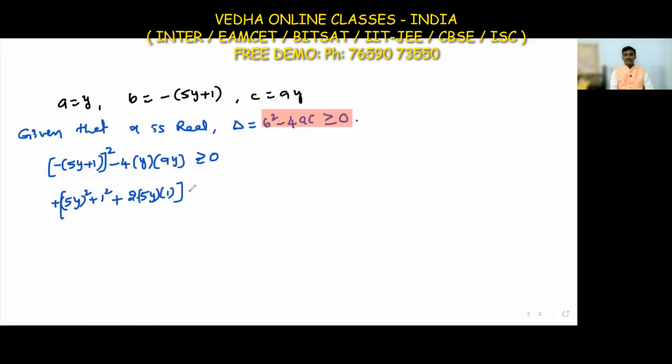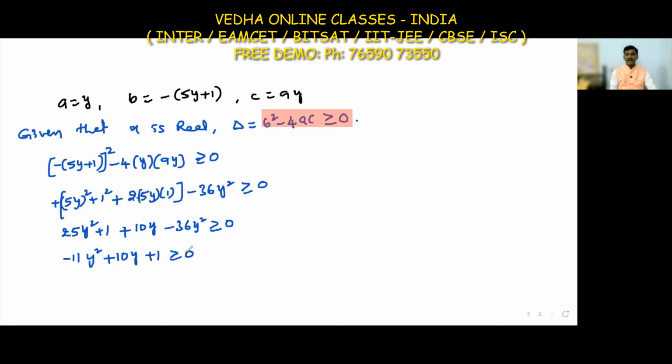Okay, so next minus, 4 9s are 36, y into y is y square, greater than or equals to 0. 5 square is 25 y square. 1 square is 1. And 2 5s are 10y, minus 36 y square is greater than or equal to 0. 25 y square minus 36 y square, okay, 25 minus 36, that is minus 11. Minus 11 y square plus 10y plus 1 greater than or equal to 0.